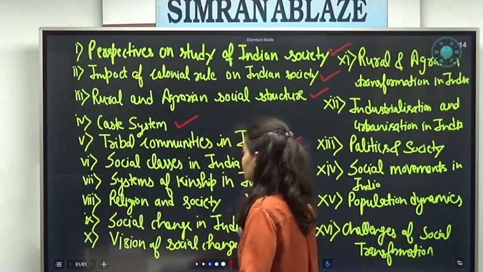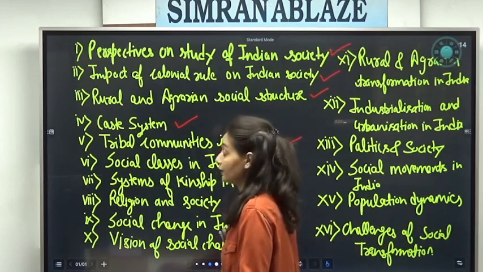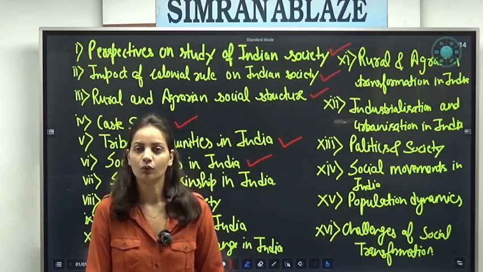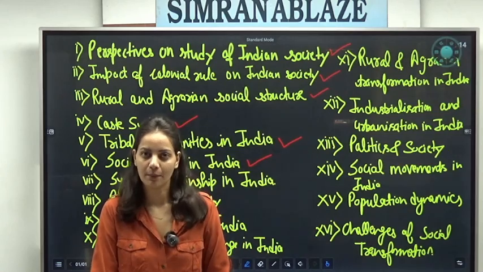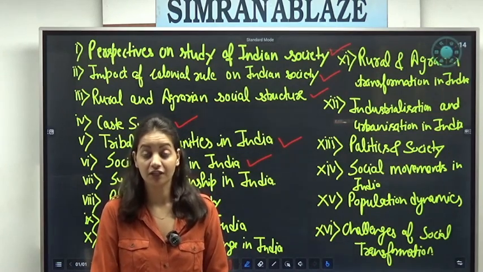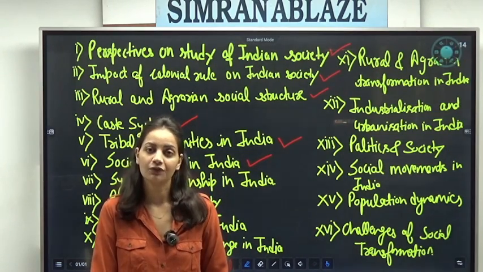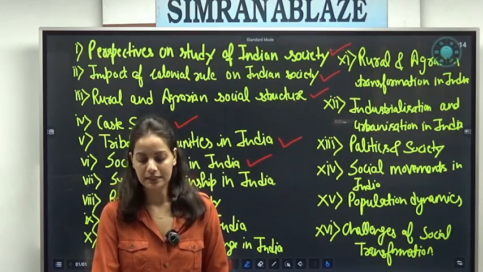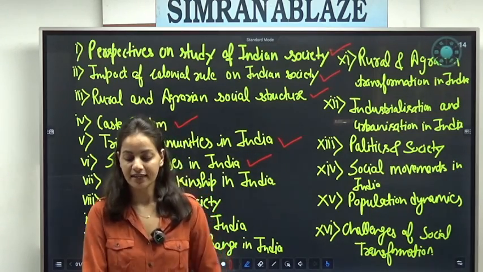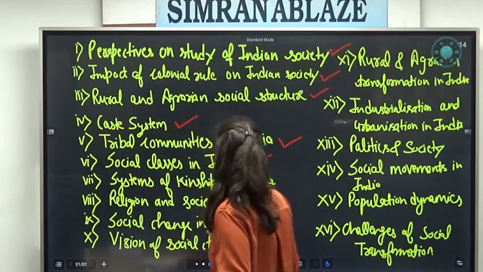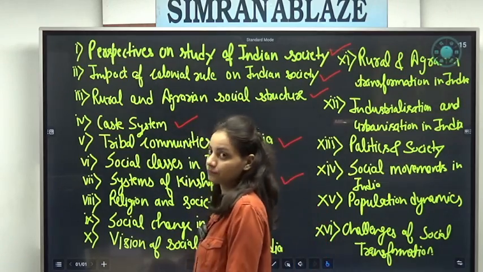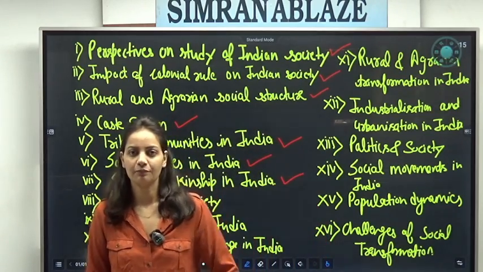Now our sixth chapter consists of social classes in India. Here we study about different class structures. For example, we have agrarian class structure, then we have industrial class structure, and we also study about middle classes in India. So our next chapter is the system of kinship in India. Now this chapter is also overlapping with paper 1.